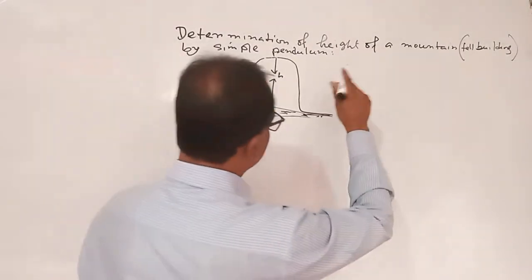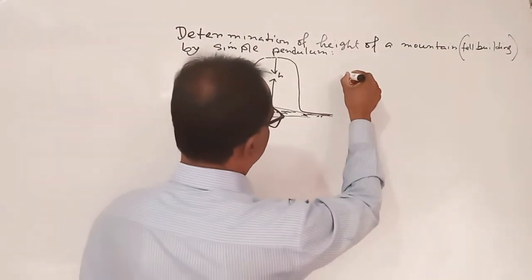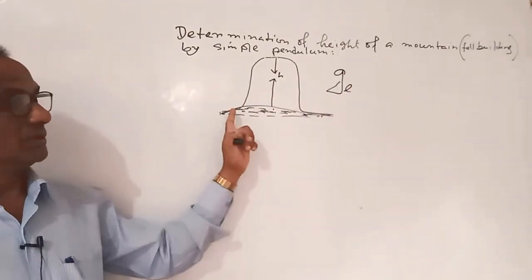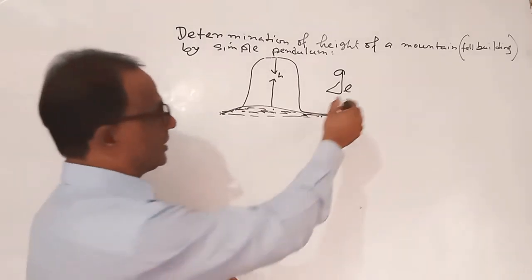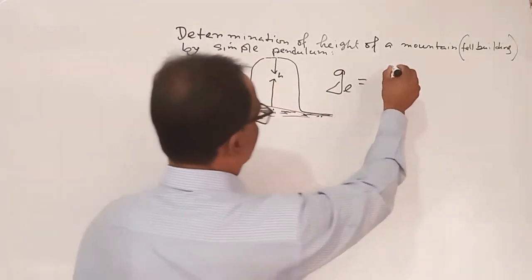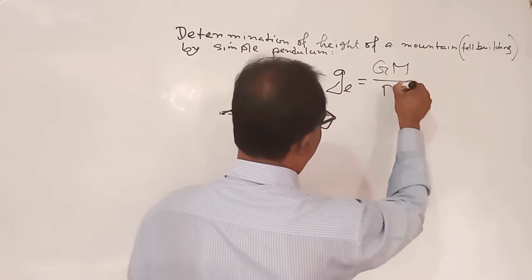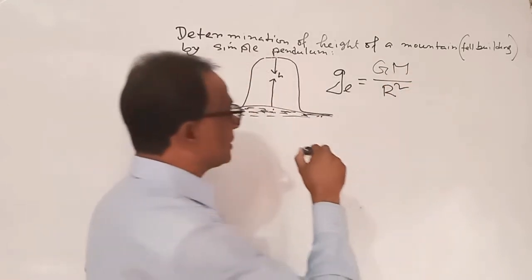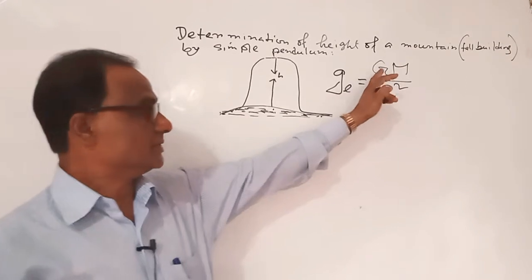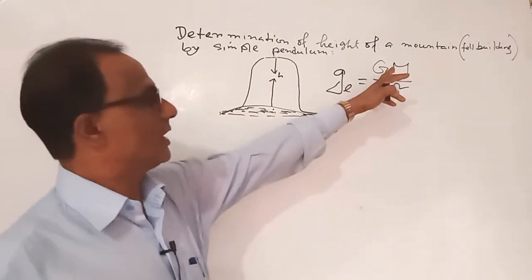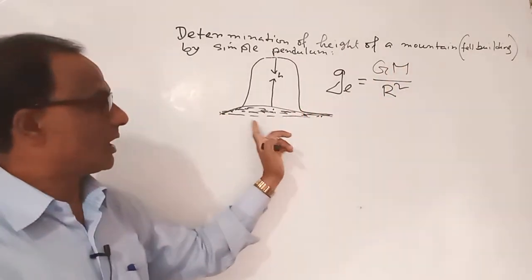So we know the acceleration due to gravity on the earth surface is g equal to GM by R square, where G is the universal constant, M is the mass of the earth and R is the radius.